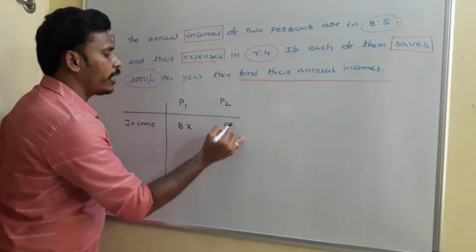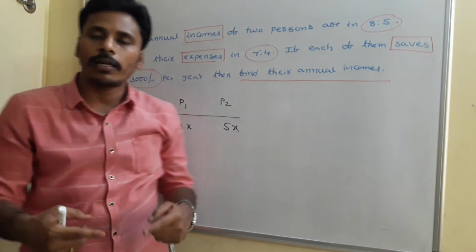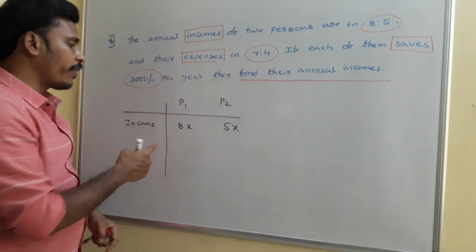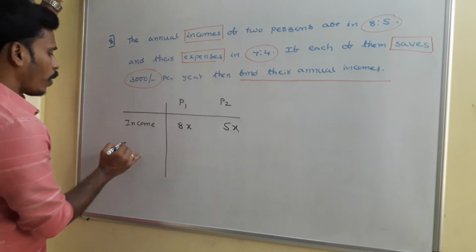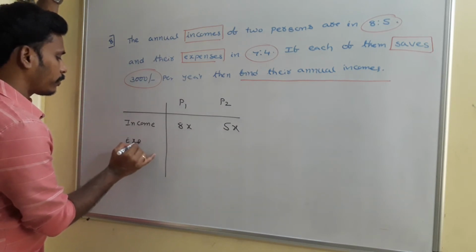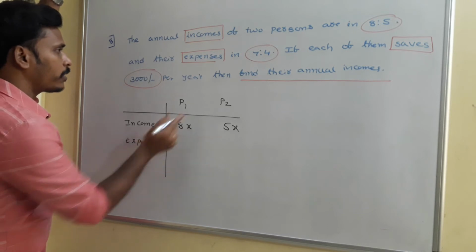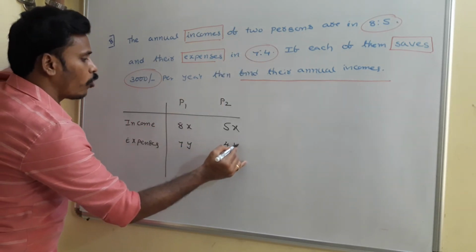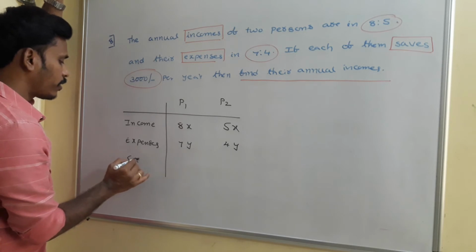Because the ratio is 8:5, you need to take the values as 8 into something and 5 into something, that's why 8x and 5x. Whereas expenses are in the ratio 7:4, so let them be 7y and 4y.